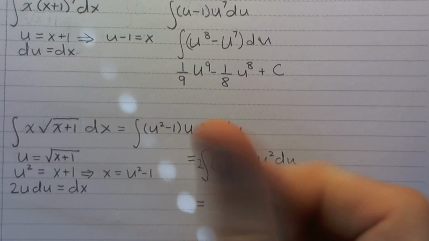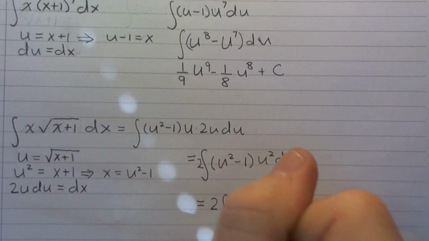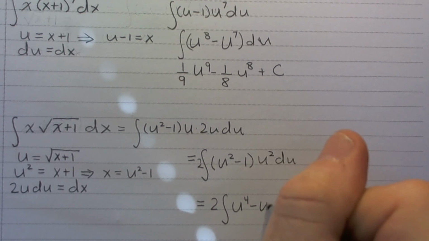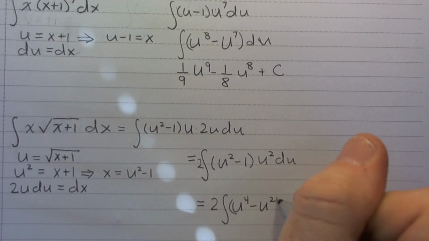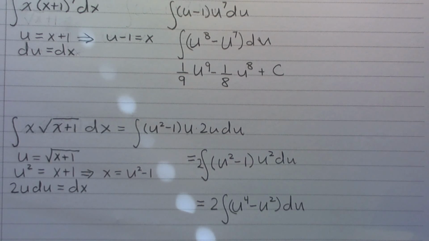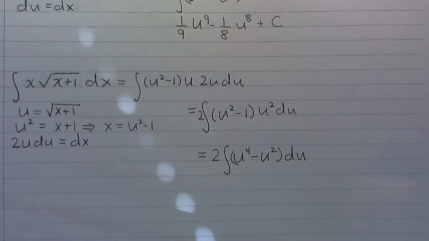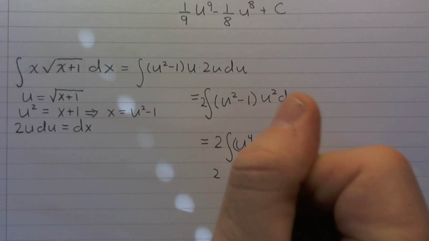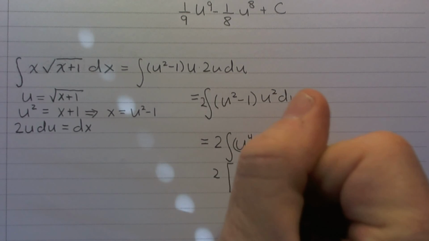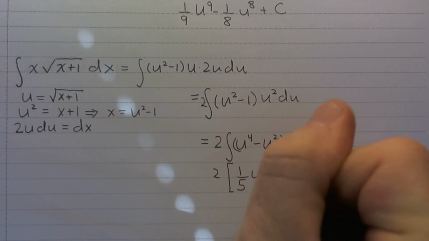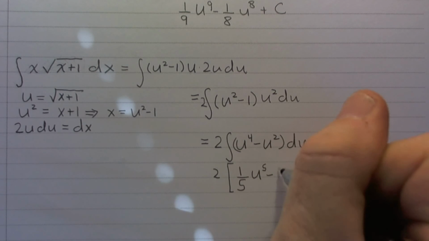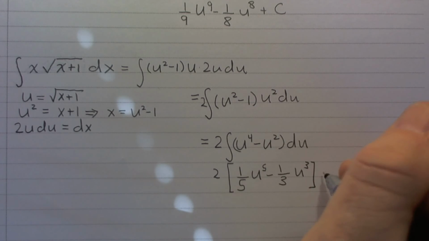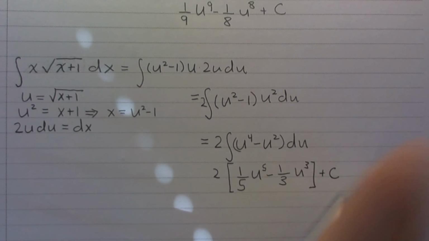And now let's see what we have here. We have u to the 4th minus u squared. Now this is very simple for us because this is just the power rule for integration. We've got 1/5 u to the 5th minus 1/3 u to the 3rd plus c. No worries.